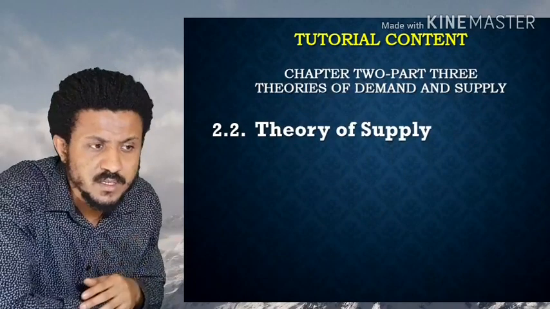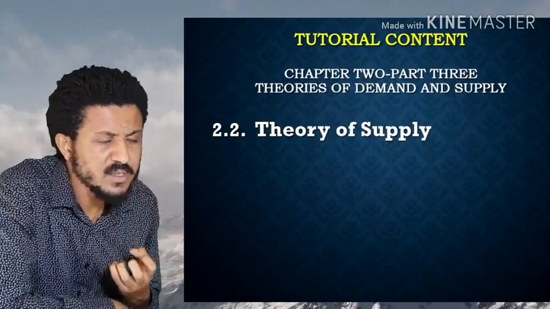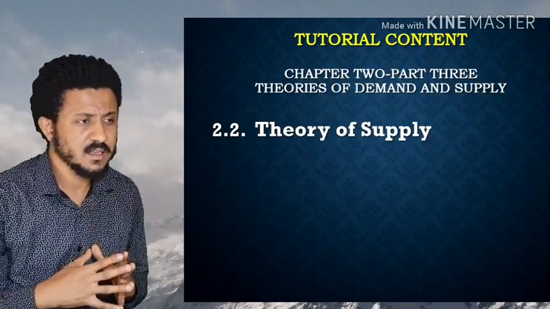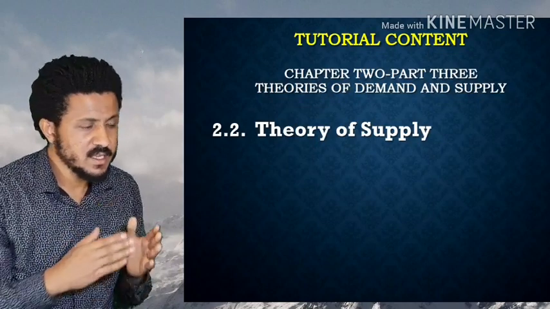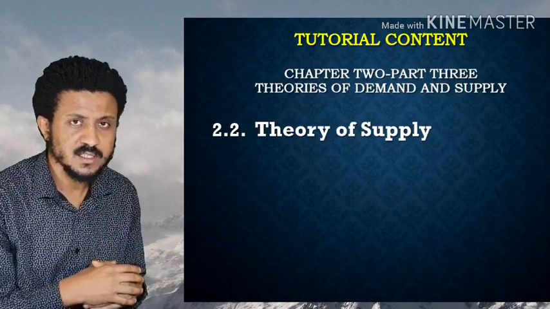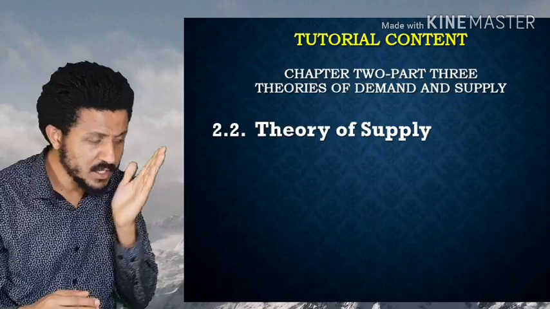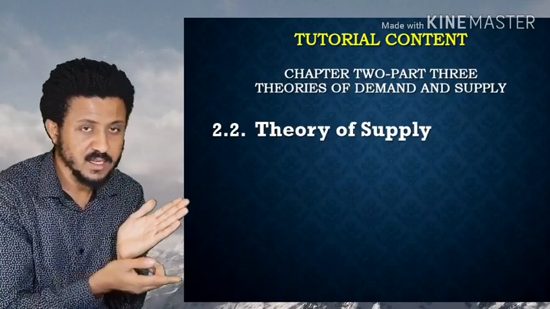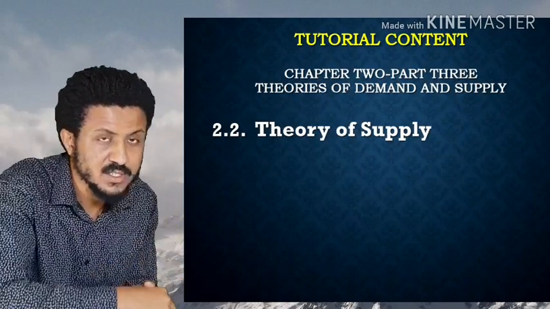In addition, we have seen elasticity of demand. What was elasticity of demand? It is the responsiveness of the demand curve to a change in prices. Okay, what is the nature of the demand curve for a change in prices? It shows how our quantity demanded responds to a price change.